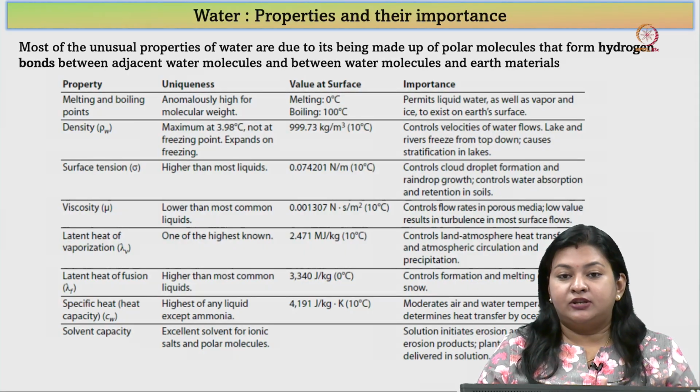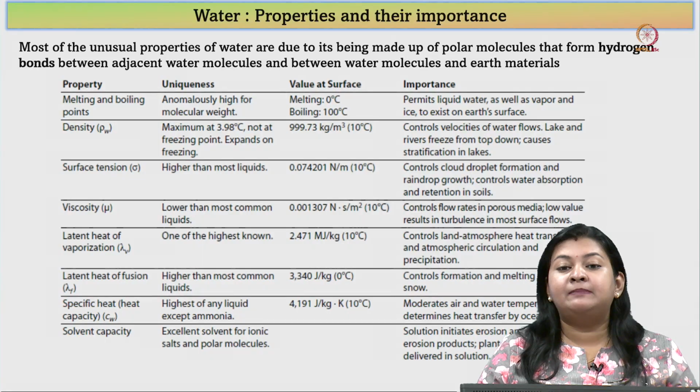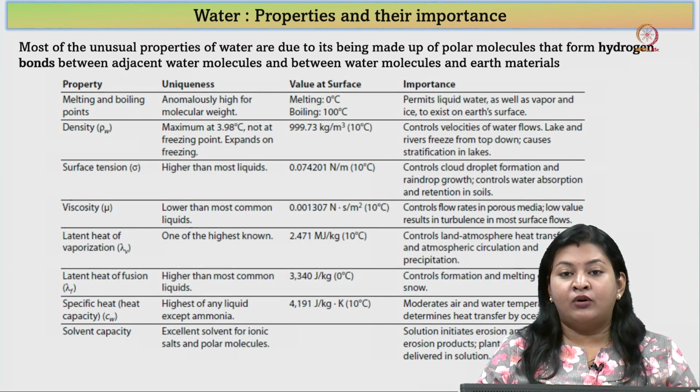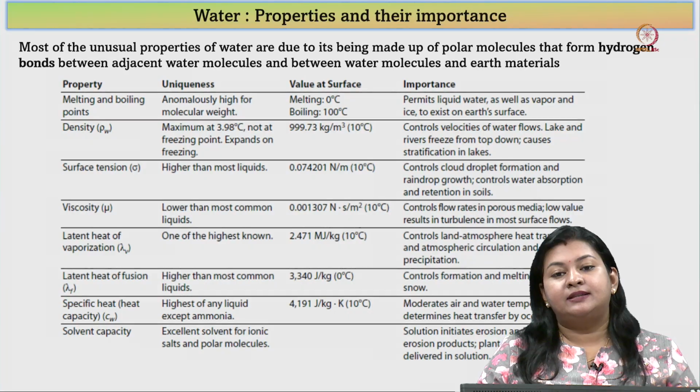So, naturally, when we are trying to find out the presence of life in space, the first thing we try to detect is whether water is available on that planet. Water is that important, and it is the properties of water that make it that life giving liquid, right.